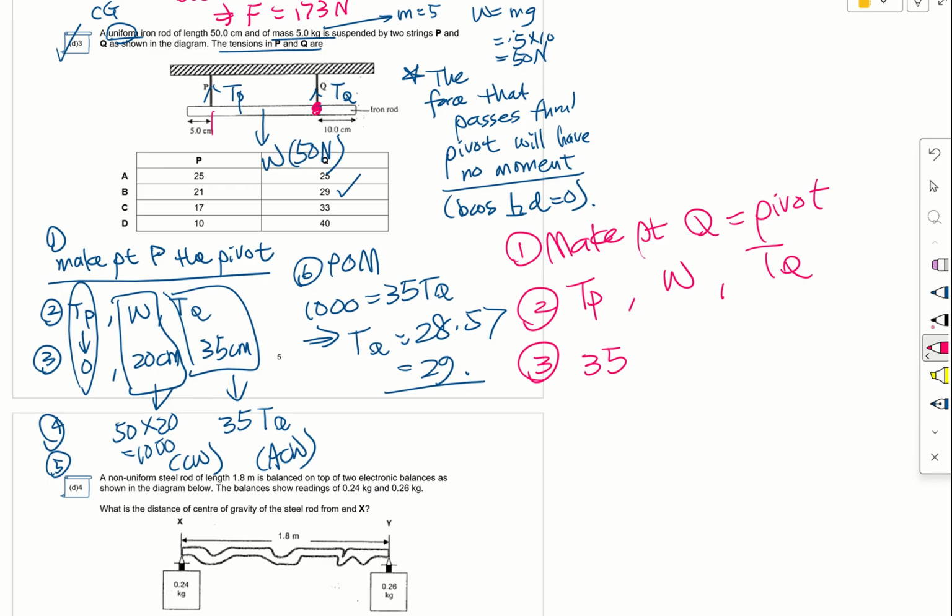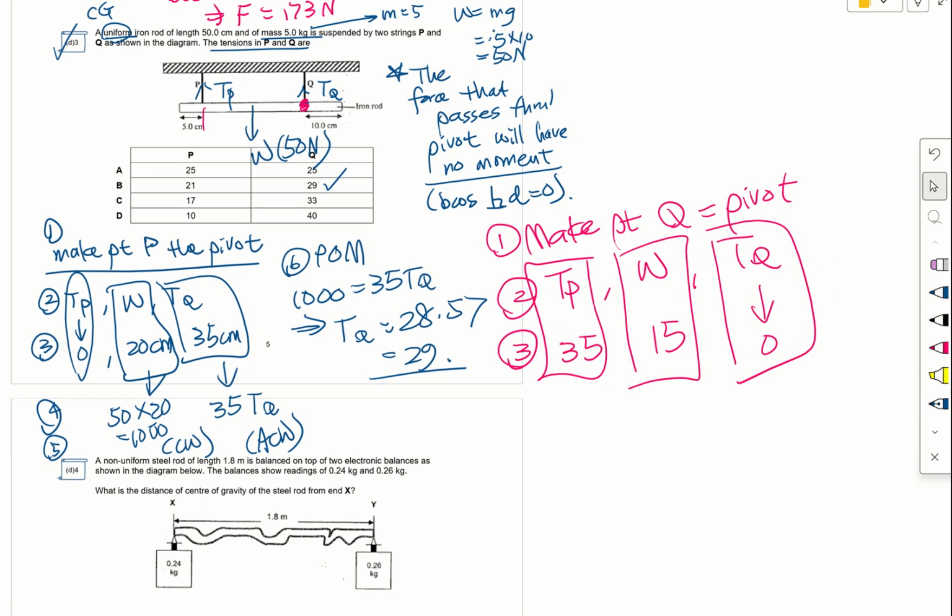Okay, so for W, it is at the 25 cm mark, so it's 15, right? 15 cm away. Okay, so that's our perpendicular distance for W. So TQ, now that the pivot is chosen to be at Q, the perpendicular distance will be 0. Okay, just like what happened to TP when the pivot was at P.